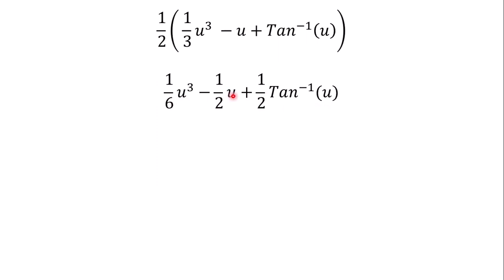Okay, so this is the answer for the second part. I mean, what we are supposed to further work on. But already we are having another answer there. We got two answers and we were supposed to further work on one of them. And this is the answer to that.